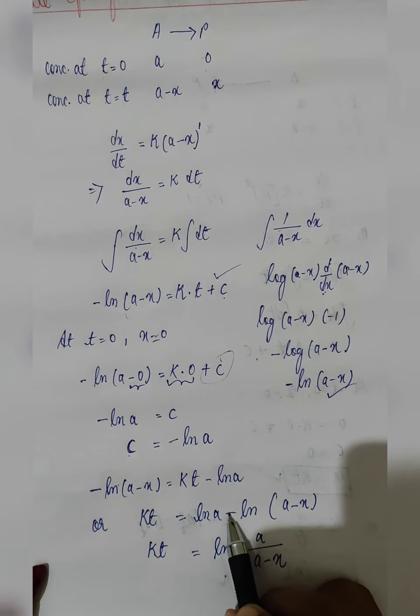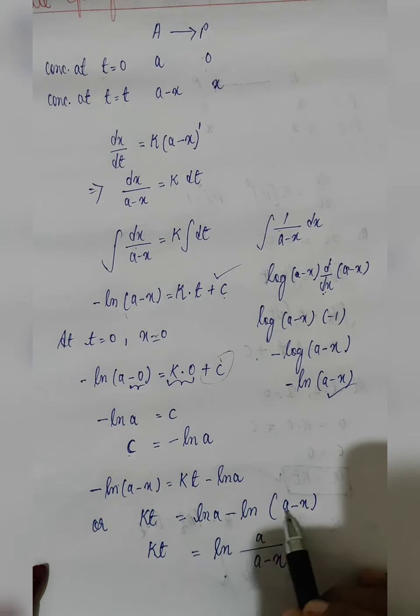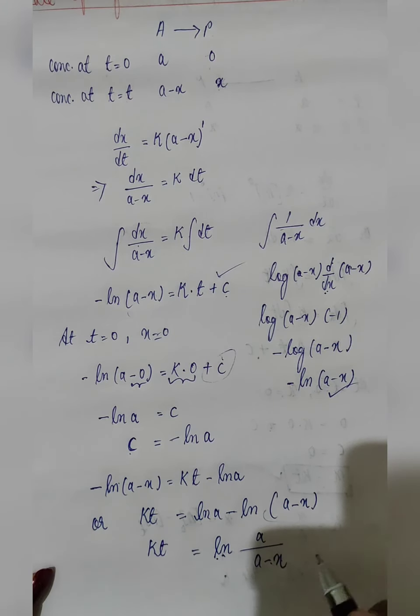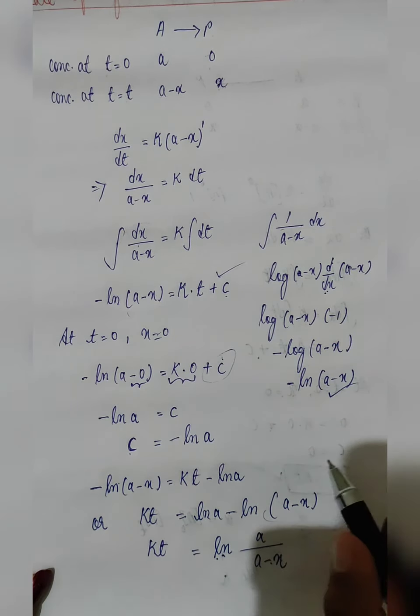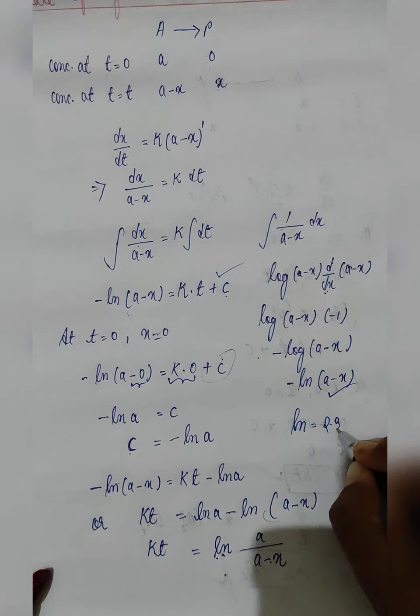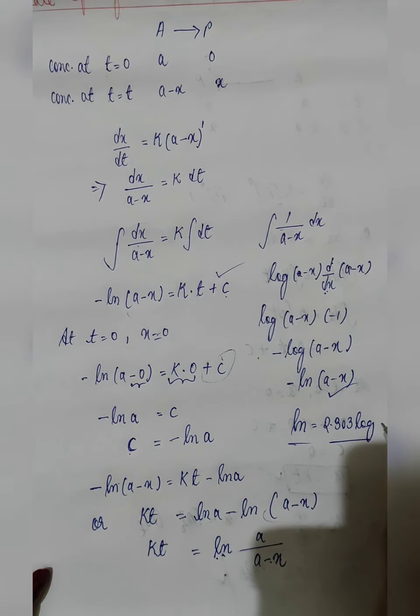Since this is a minus term, it can directly be written as ln a divided by a minus x. I'm sure you have done this in your maths, so I don't need to explain it. If we want to remove the ln, I have explained this in chapter 2, you can write down 2.303 log instead of ln.